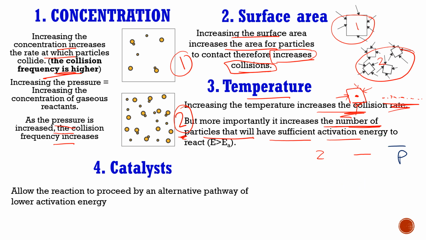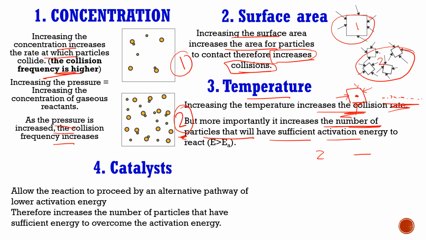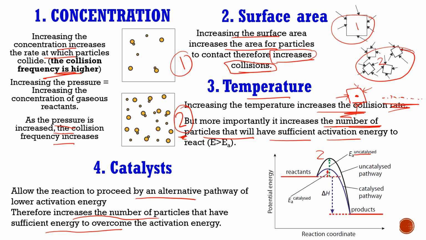For that reason, as you can see here, the catalyst allows the reaction to proceed by an alternative pathway of lower activation energy. Therefore, it increases the number of particles that have sufficient energy to overcome the activation energy. We have here this diagram, which is very, very important. As you can see here, we have two pathways. We have the uncatalyzed pathway and the catalyzed pathway. Of course, the catalyzed pathway is shorter.